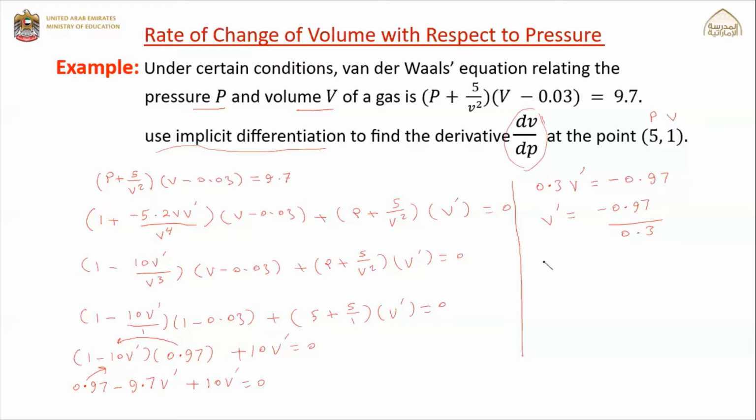So here V' equals minus 97 over 30, because here it's 30. This is the value of V', which is dV/dP. So dV/dP equals minus 97 over 30.